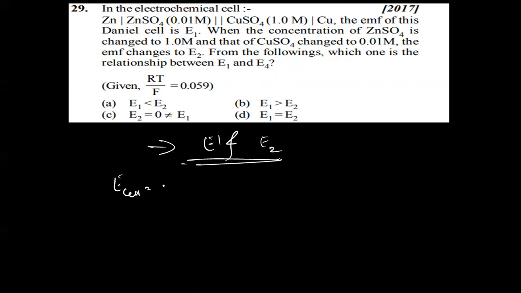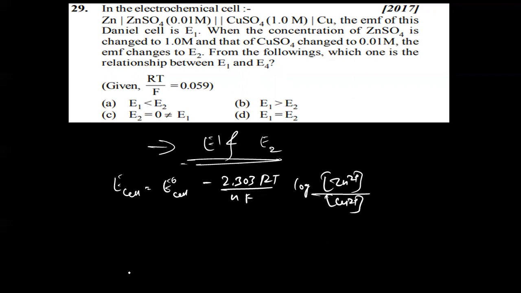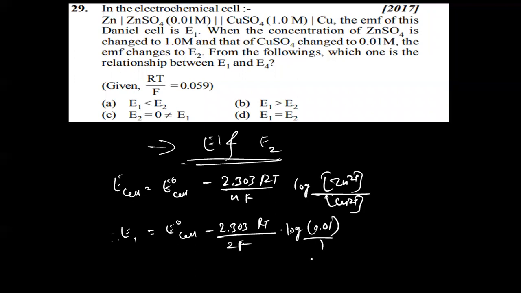If you consider E cell, it is equal to E naught cell minus 2.303 RT divided by nF log of Zn2 plus concentration divided by Cu2 plus ion concentration. Then E1 is equal to E naught cell minus 2.303 RT divided by 2F log 0.01 divided by 1.